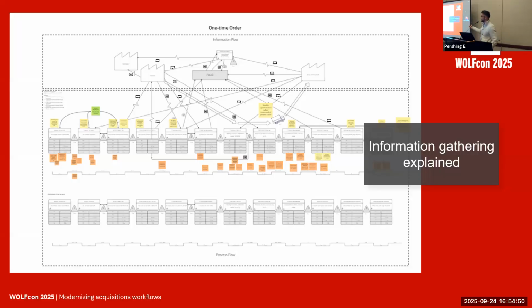The reason why I wanted to show this is that some of the assumptions that we've made here, some of the things that we're going to be asking about, actually come from discussions that we had in the acquisition SIG that turned into a subgroup that met to talk about integrations and ended up building value stream maps for one-time orders and ongoing orders, for electronic resources and monographs.